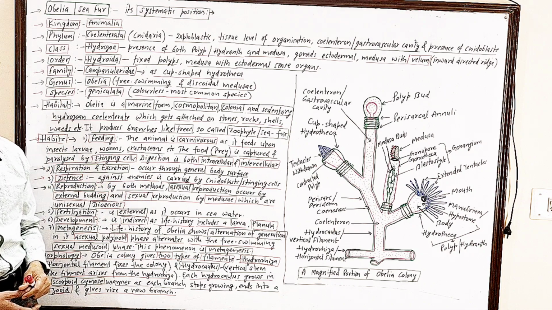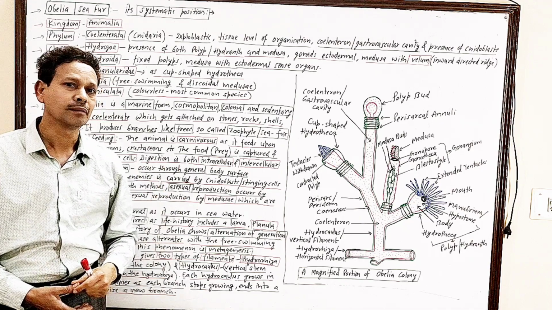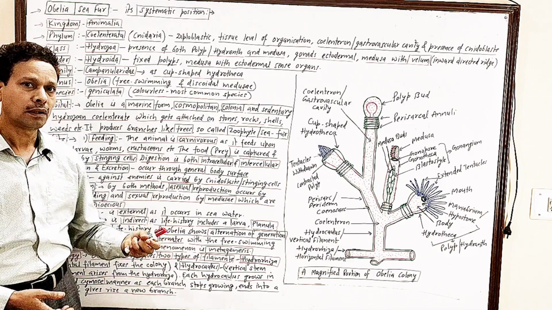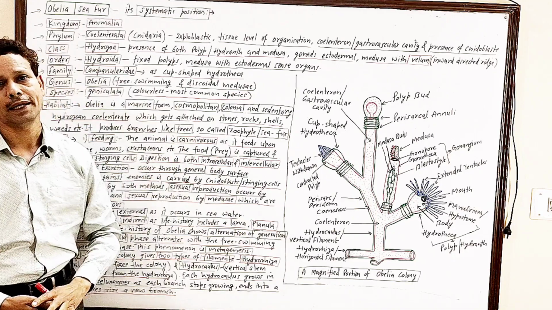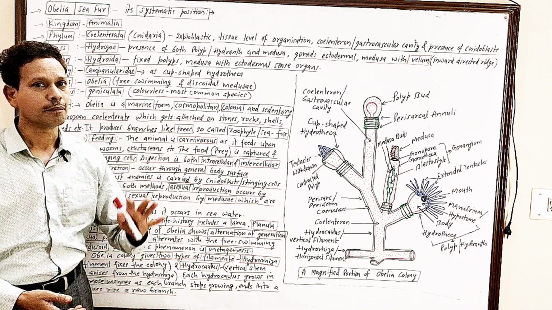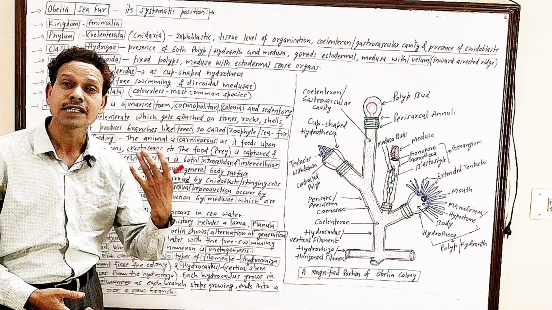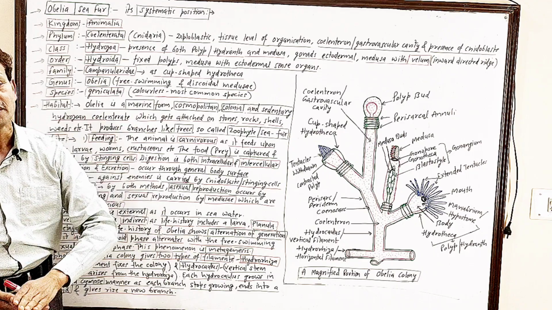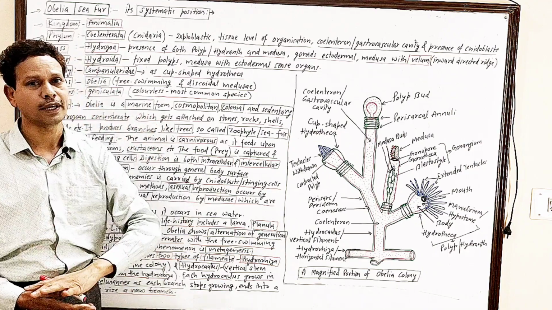Respiration and excretion. The animal is aerobic, and in excretion the animal is ammonotelic. It means the animal removes main excretory product as ammonia, and both respiration and excretion take place through general body surface.